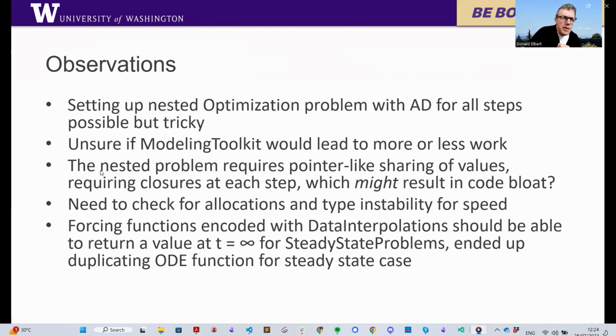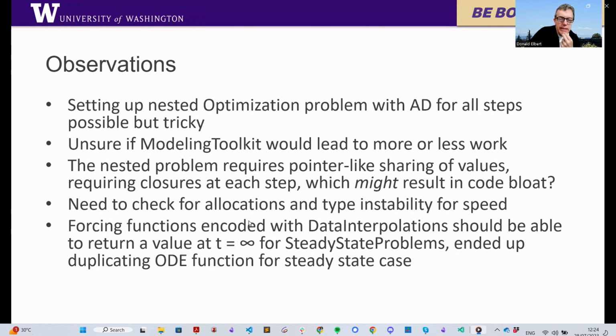One thing with the nested problem is that it is going to require pointer-like sharing of values between functions, and this can be done with arrays with closures, and this works. But looking at the stack traces when trying to do AD, there does appear to be some code bloat associated with all of these closures that are involved.